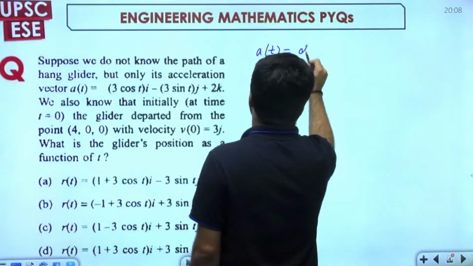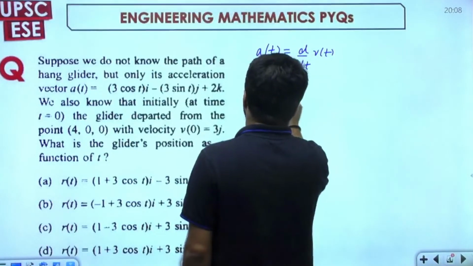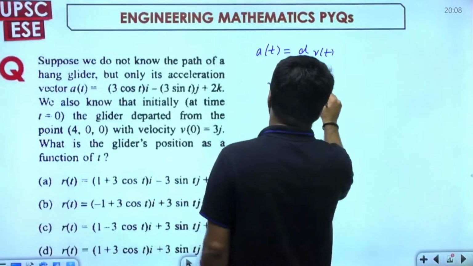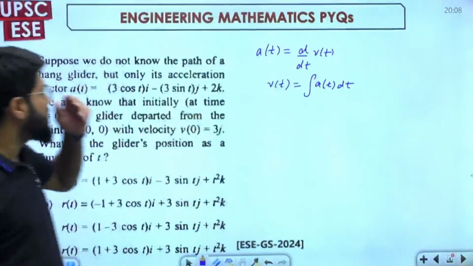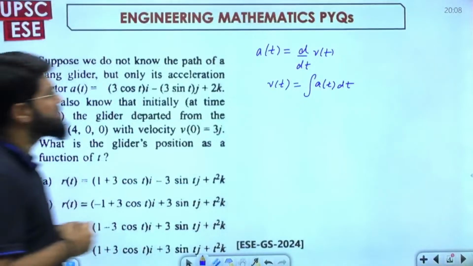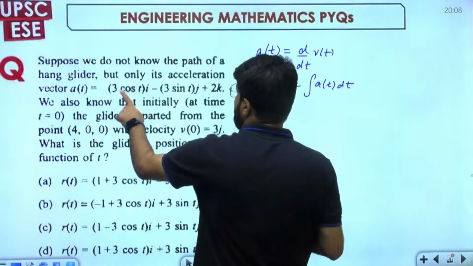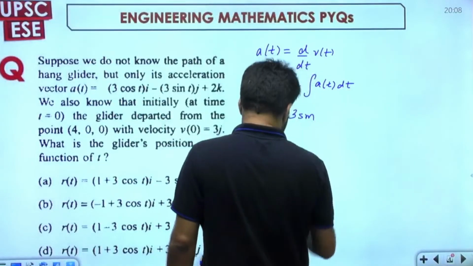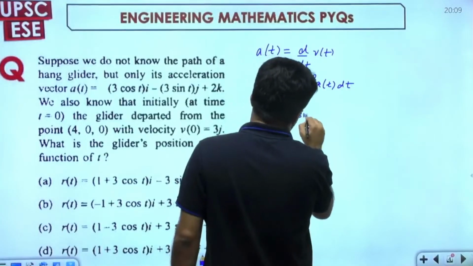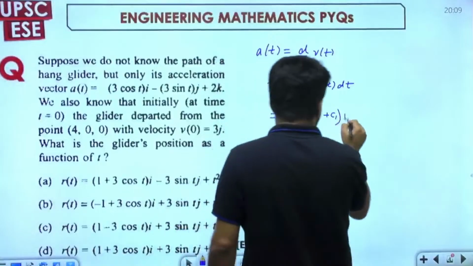We know that acceleration is the rate of change of velocity, or what we can get from here is the velocity, which is the integral of the acceleration. Then the initial velocity is given, so that also will work out. So what is the integral of acceleration? Have a look into it. The integral of 3 cos t will be 3 sin t plus some constant of integration, let me call it c1, I cap.